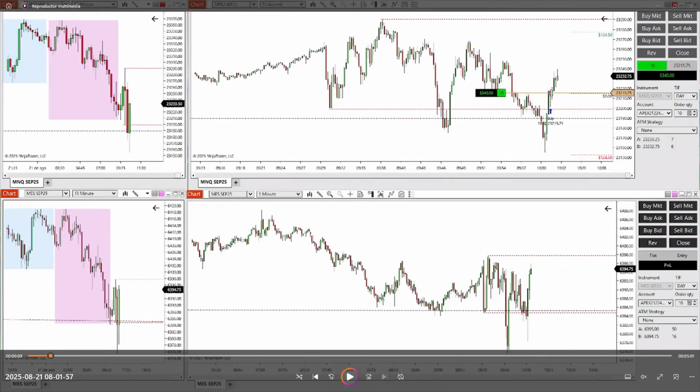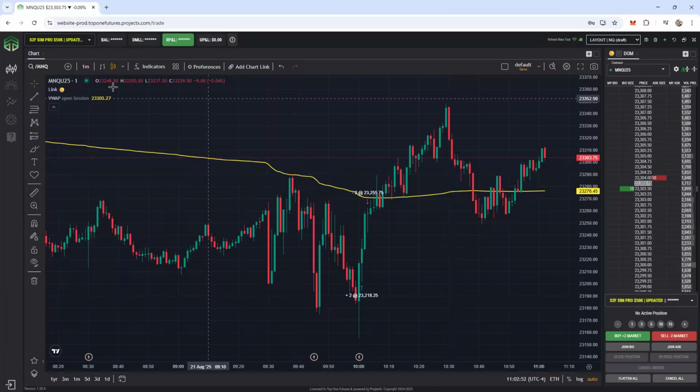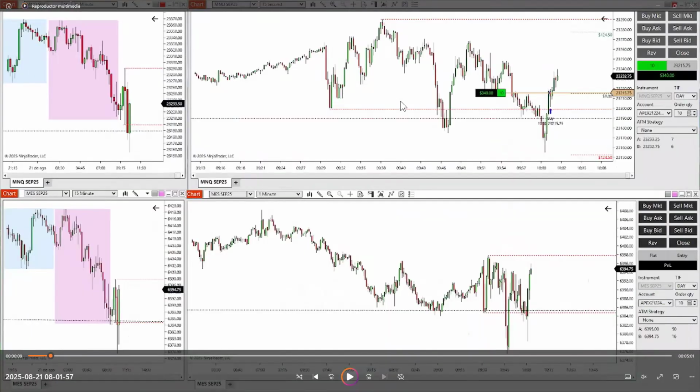Well, I just like to, I mean, I think I'll move all my accounts to Ninja. I just dig it a ton, on exit and on execution and everything. So yeah, I took only two contracts on this fund account on Top One Futures.